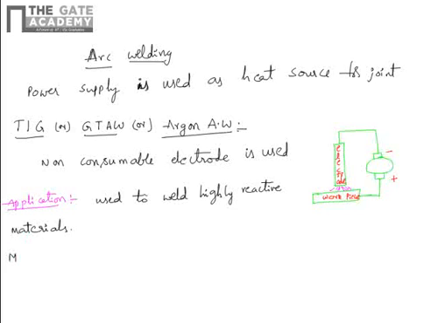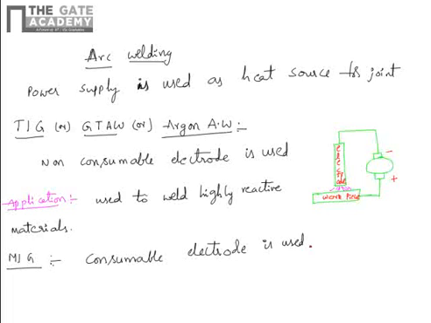Similarly, there is MIG, metal inert gas welding. The difference between TIG and MIG is, here a consumable electrode is used. That's it, remaining everything is same. So earlier one is TIG, tungsten inert gas welding, where tungsten is the electrode which is non-consumable.